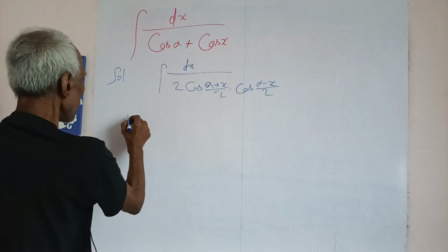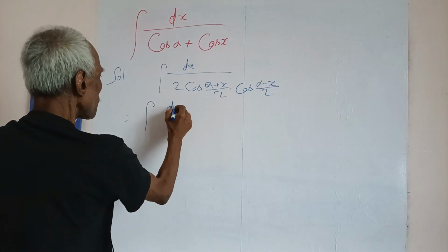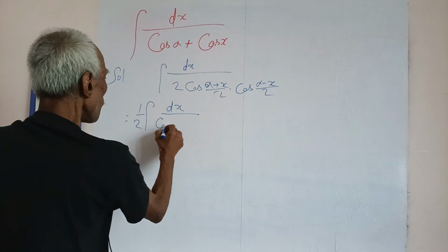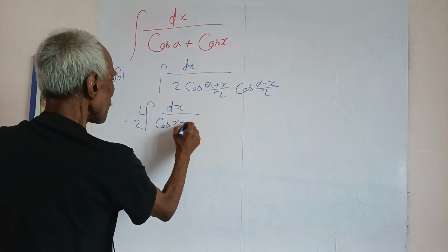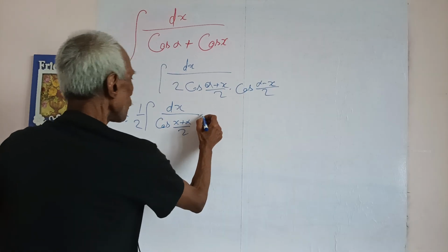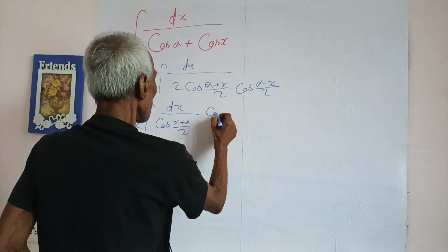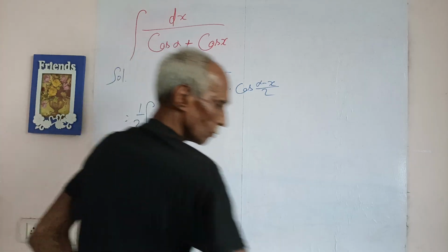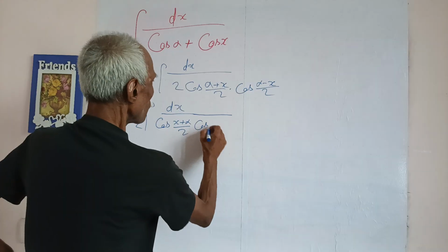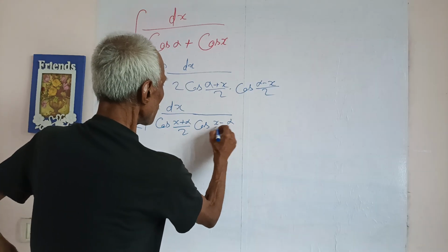This part can be written as dx by 1 by 2 cos (x plus alpha) by 2 into cos (x minus alpha) by 2.